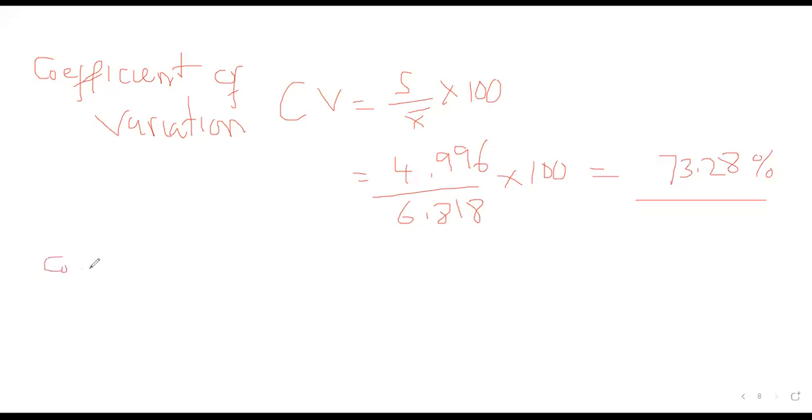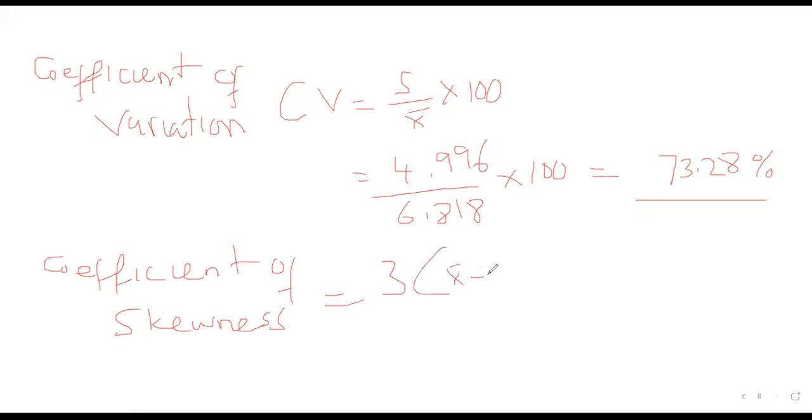And finally, we have what we call the coefficient of skewness. This is given by 3 times the mean minus the median, divided by the standard deviation.